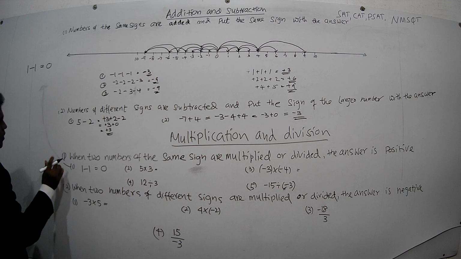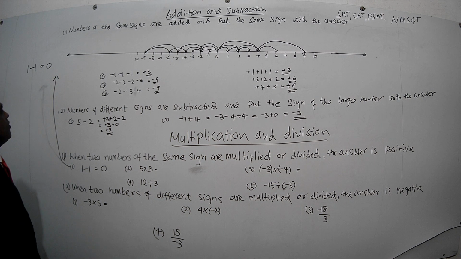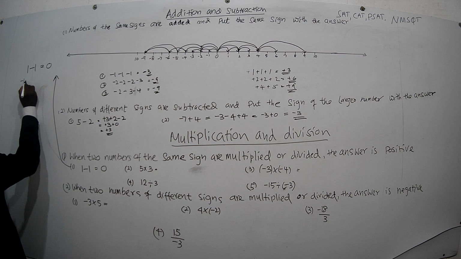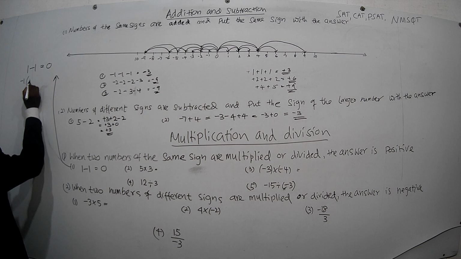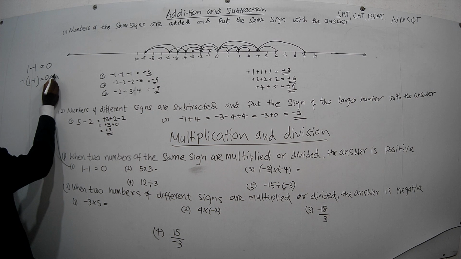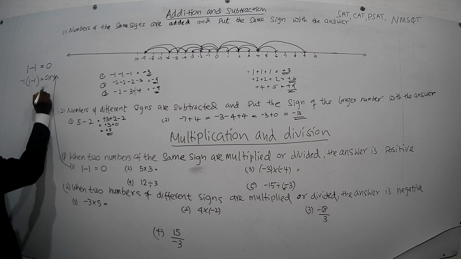Right. Then here I multiply this 1 minus 1 by minus 1, and this side also I multiply by minus 1, right? Then 0 multiplied by minus 1 is 0 itself.